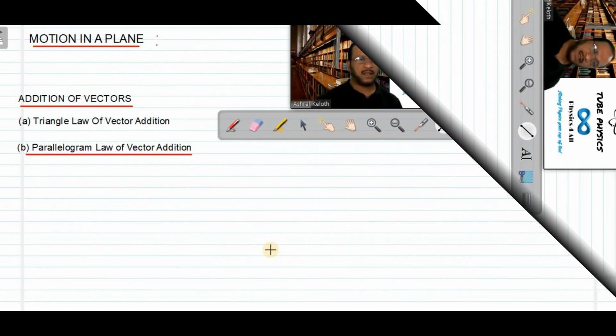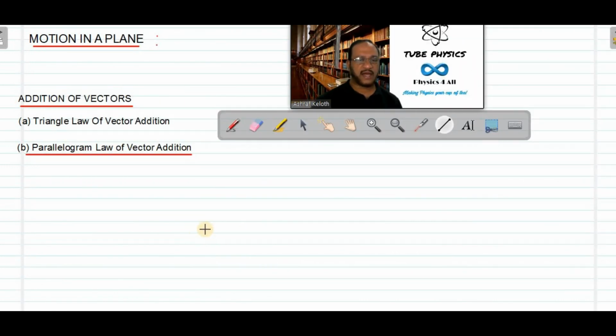Okay. Now suppose we have two vectors acting at a point like this. Say this is the first vector, vector P, and another vector is Q. Both of them are acting at one point.